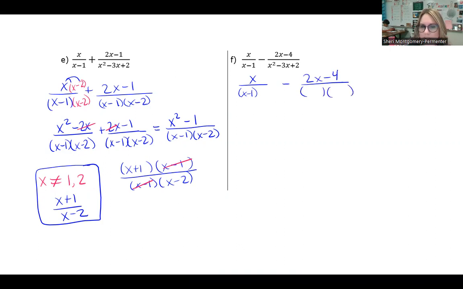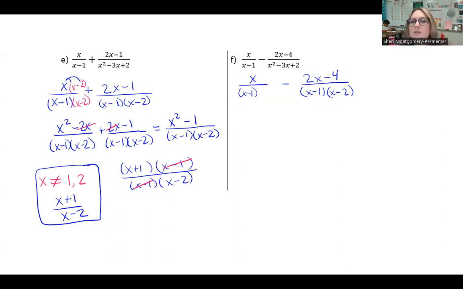We already know how it factors because we already did it in part E. Two things that multiply to give you 2, 1 and 2. Middle term is negative, so the 2 has to be negative. -2 minus 1 gives us -3.